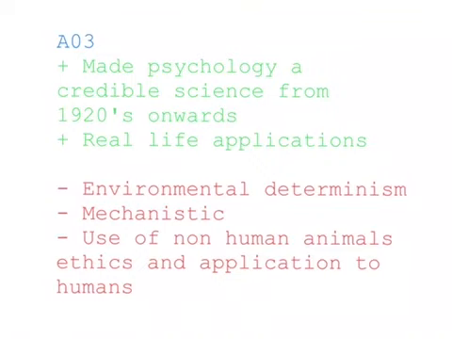Now, what about minus points? There is environmental determinism, and again, you need to look at the video I've done about free will and determinism to get some more points on this. But the main thing is that this is a very deterministic model, but it's environmentally determinist. In other words, things around you which you cannot control have given you a phobia.